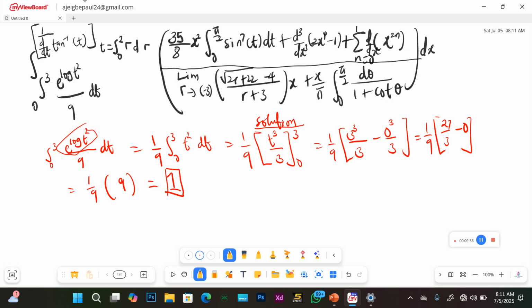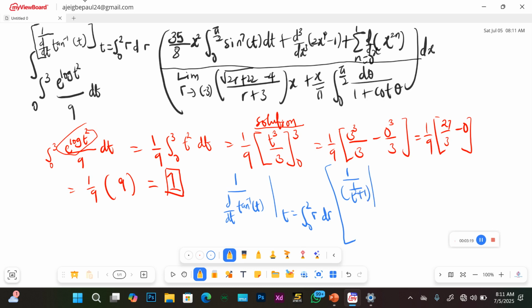Okay guys, now let's move to the upper limit. The upper limit is 1 over d/dt of arctan of t, where t is equal to the integral from 0 to 2 of r dr. Now you know that if you differentiate arctan of t, it gives you 1 over t squared plus 1.